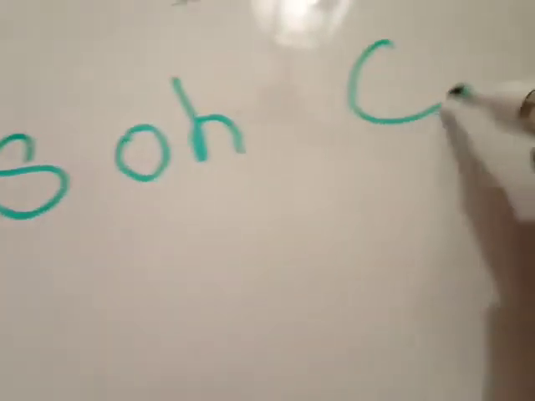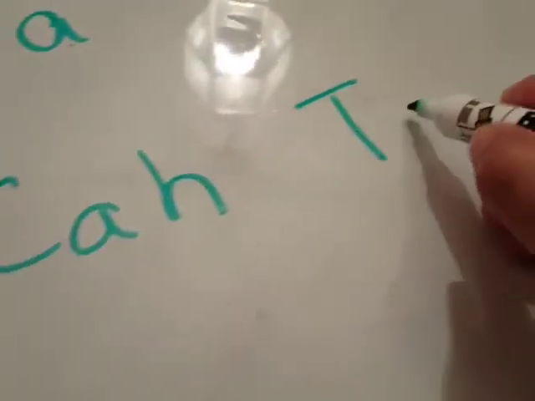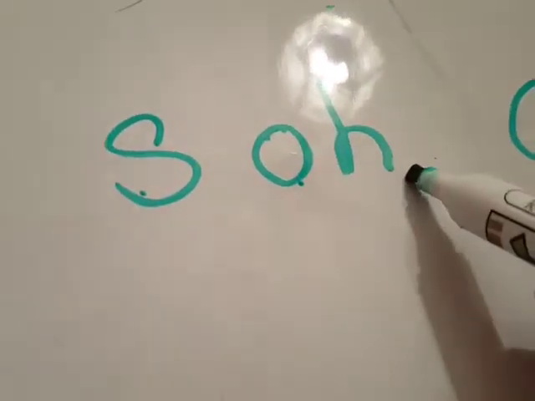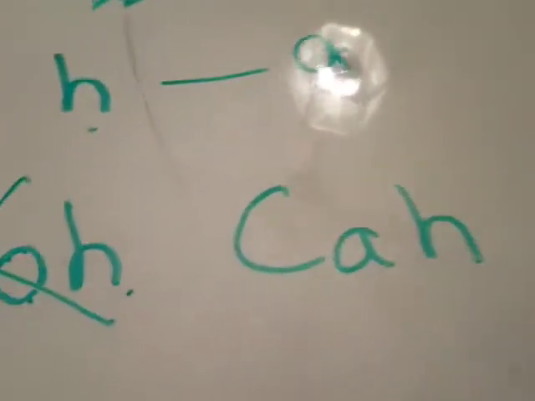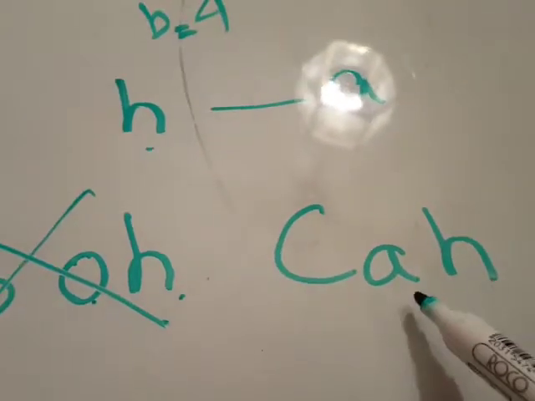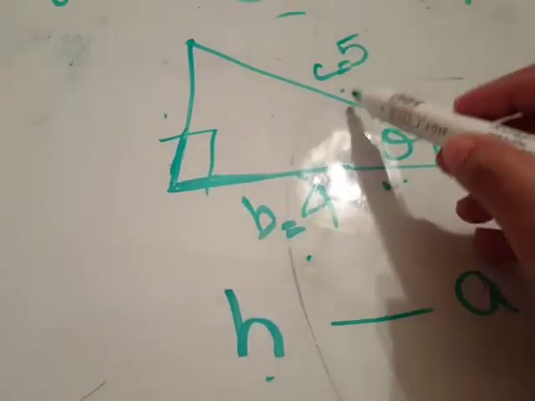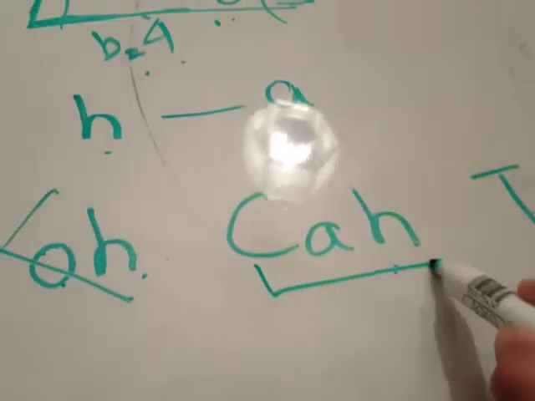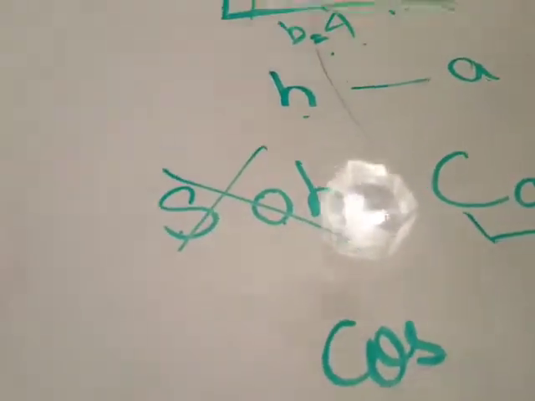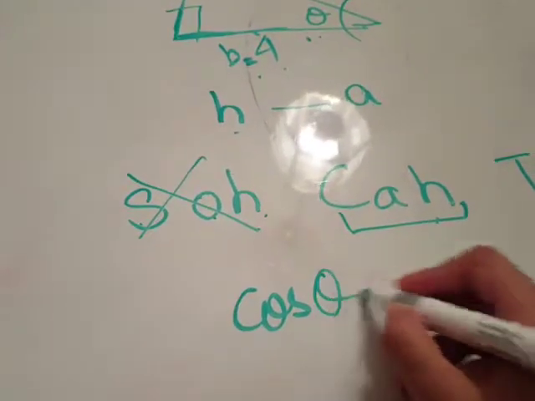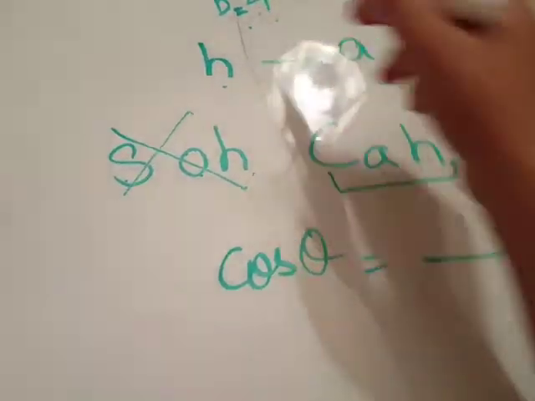In sine we have opposite and hypotenuse, but I don't have opposite given, so I cannot use this formula. Then I'll go to CAH, the cos formula, in which adjacent and hypotenuse have to be given. Adjacent and hypotenuse are given. Cool. I can just plug it into this formula then. So no need to calculate the missing side from Pythagoras theorem. So I'll just use cos theta equals, what is my adjacent? Adjacent is 4.